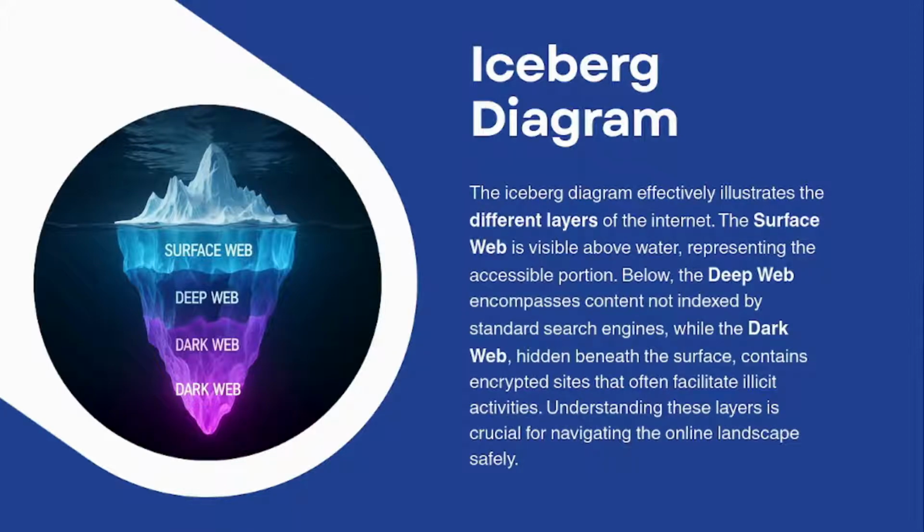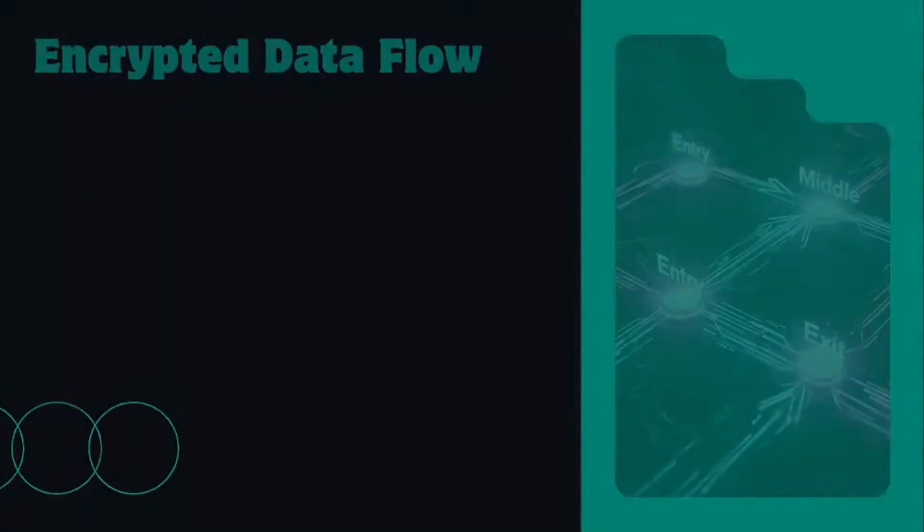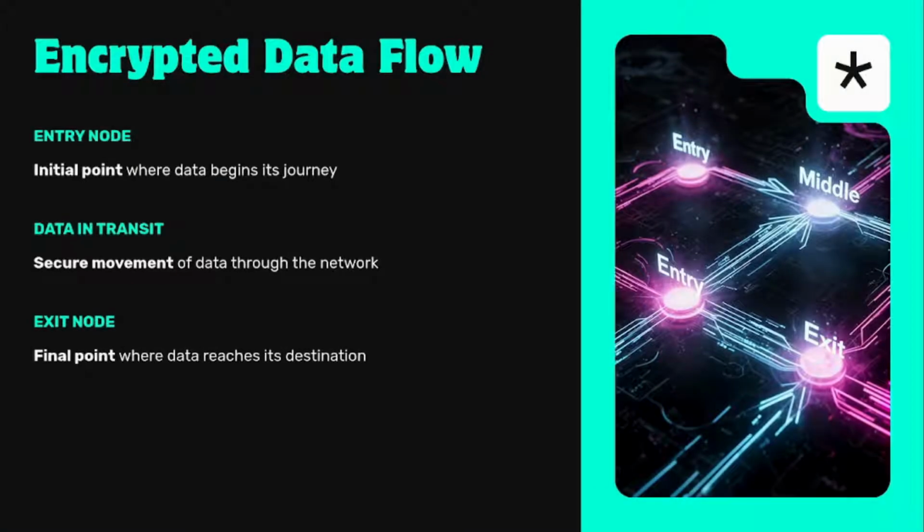Let's go deeper into onion routing. When you send a request through the Tor browser, your data is encrypted multiple times, like wrapping it in layers. The first node removes the outer layer, revealing where to send it next. The second node removes another layer, and so on.